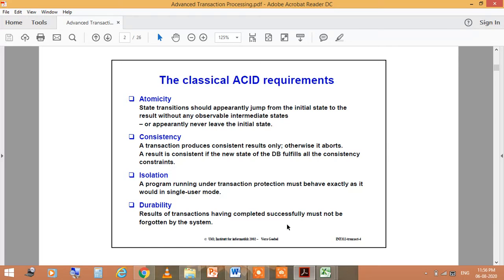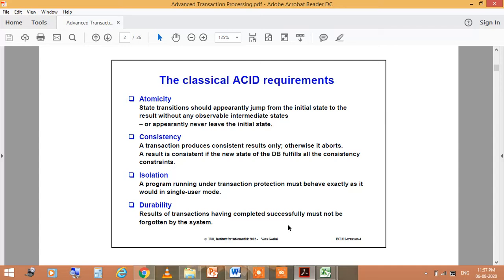Because if we are talking about some transformation, then there is a source and destination, an initial point and an ending point. So start and stop. So from the very initial point, it should be there. We should not leave that initial state.